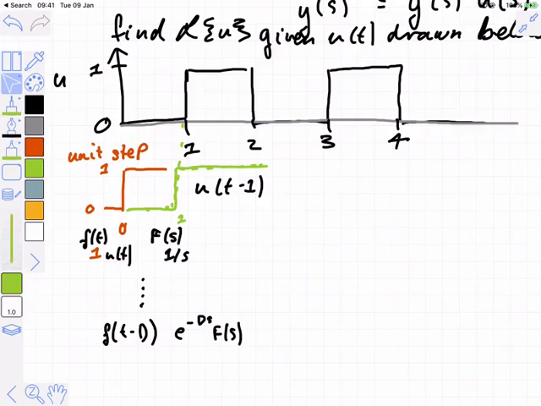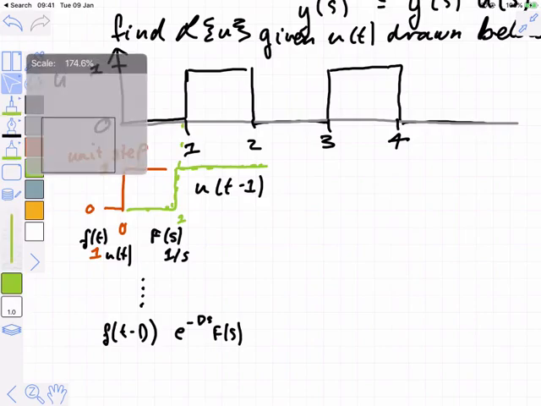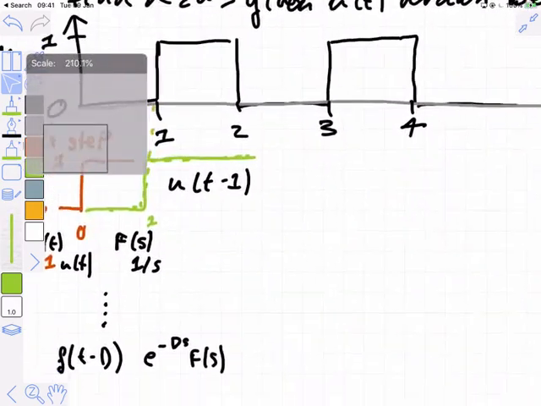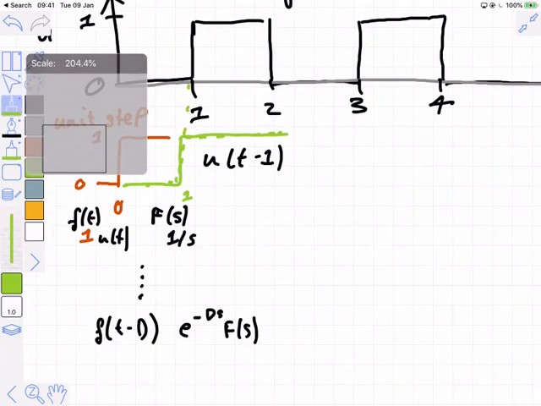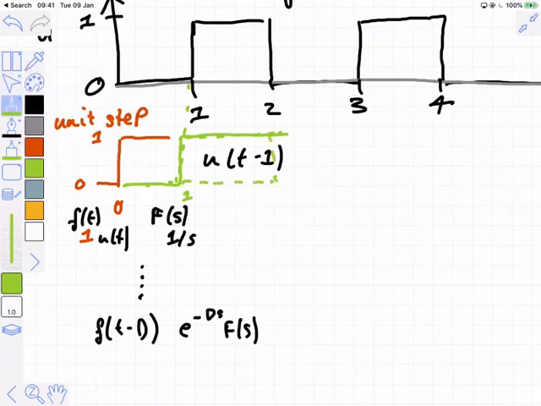Now if I want to translate even further, as I translate that to that point, right, I'm going to have t minus 2, but we said that actually we're going to have minus u of t minus 2.